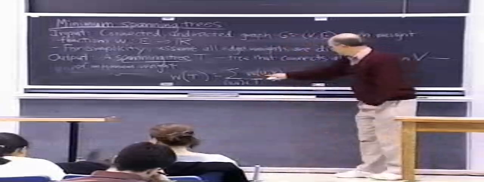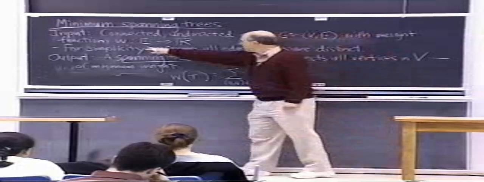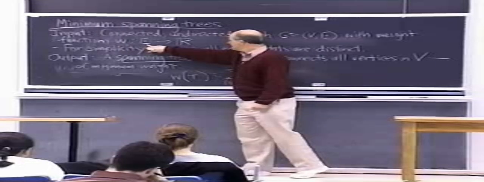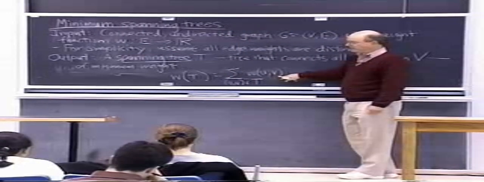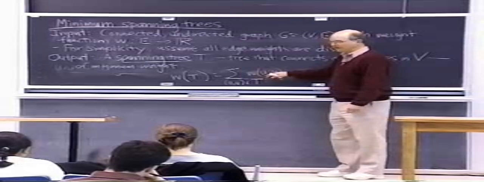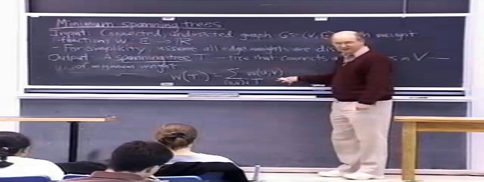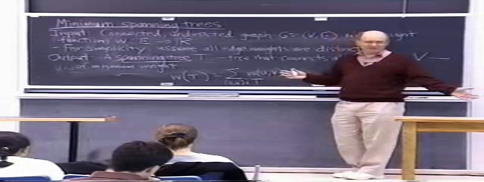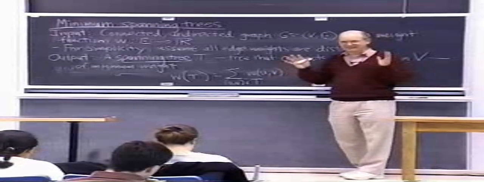So the weight of (u, v). Now you'll notice I've cheated here a little bit in my definition. I said we were mapping the weight function E to R, but here I've mapped ordered pairs. So what I really should be doing is saying W of open paren, u comma v, close paren. Okay, so you know me, I like to be sloppy, as long as we understand what we're doing.